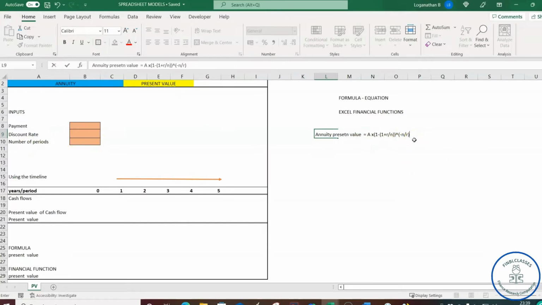The present value you have to find. Okay, so enter. This will be your present value of annuity formula, right?